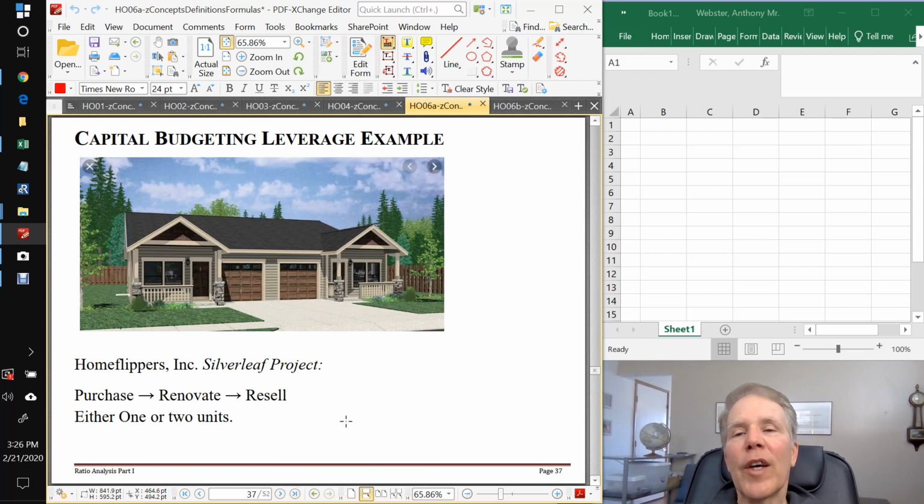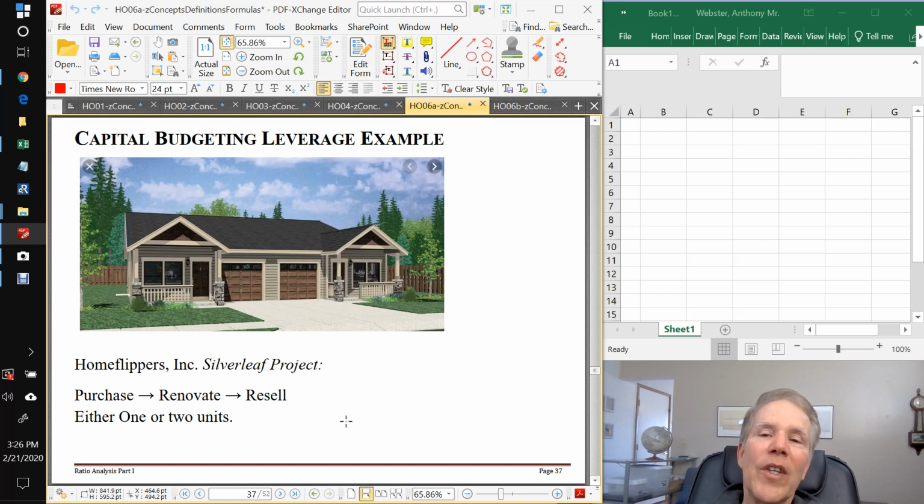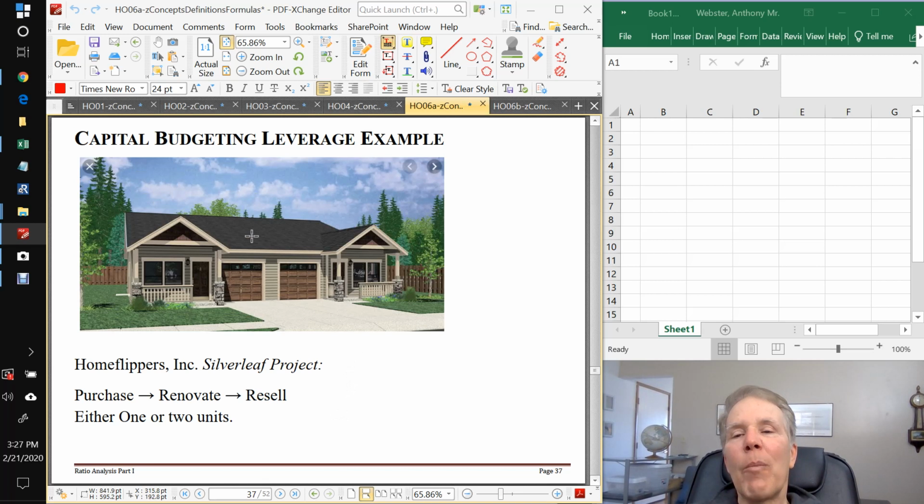Then the other example that we looked at, and you can count on one of these examples, either a private equity type or a capital budgeting type. We looked at thinking about buying either 1 unit here or 2 units here and doing a gut rehab and then selling.